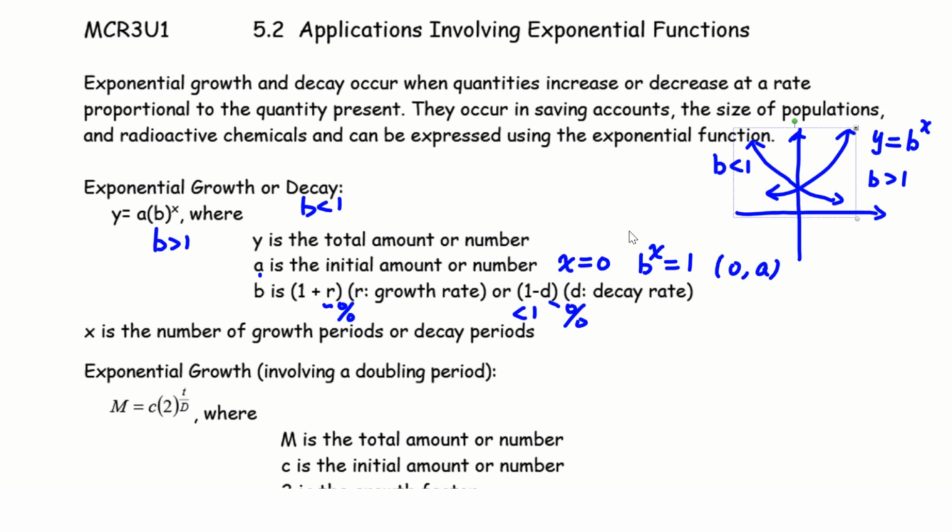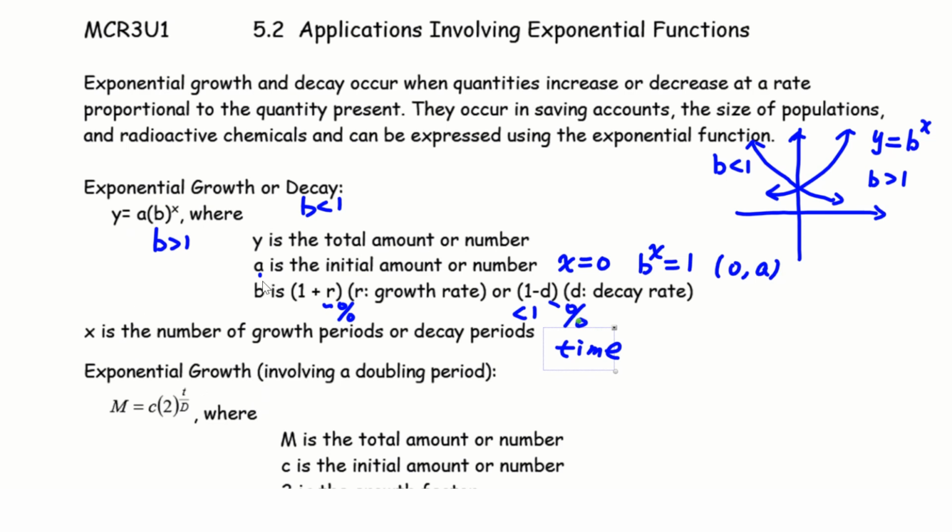And y is the total amount of the stuff that we are investigating. So x is the number of growth periods or decay periods, either in years or in hours or in days, it is time.